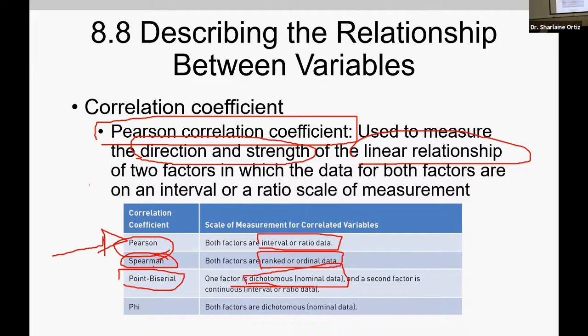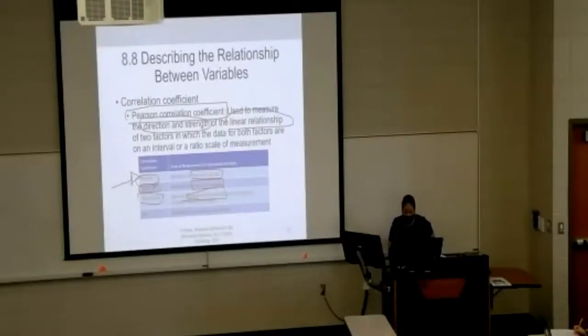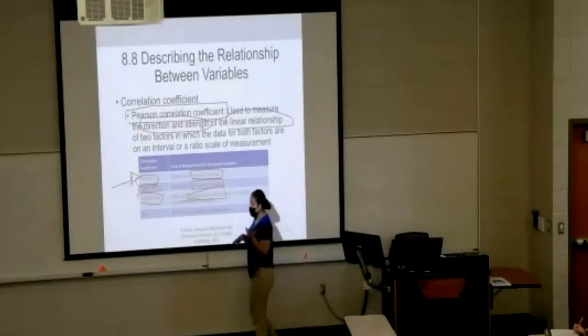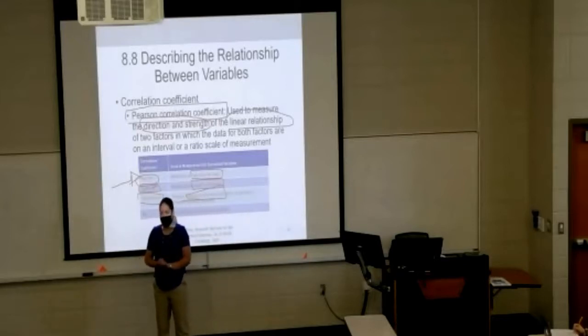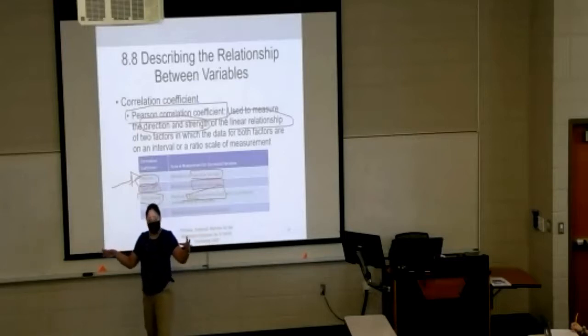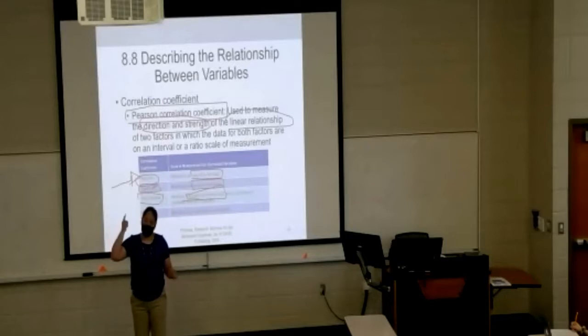What do I mean by that? Sometimes you will have data that is nominal. And if you recall from previous lectures, when we have nominal data, we are talking about basically categories. Does it fit in a box? Yes and no are boxes. So for example, I can give a value of yes a 1, and no a 2.